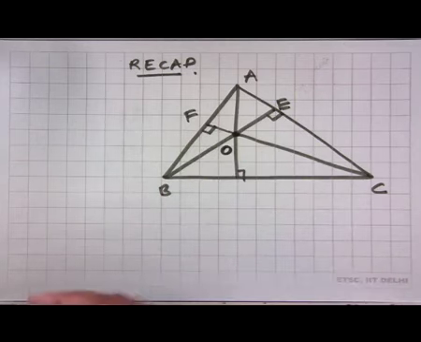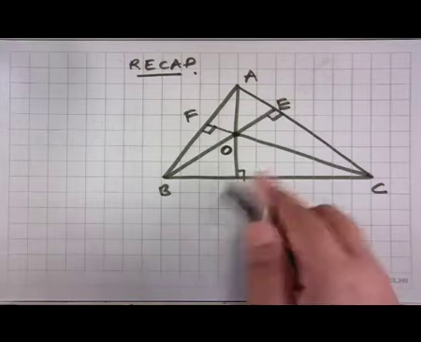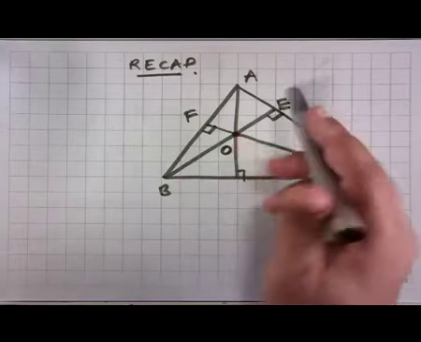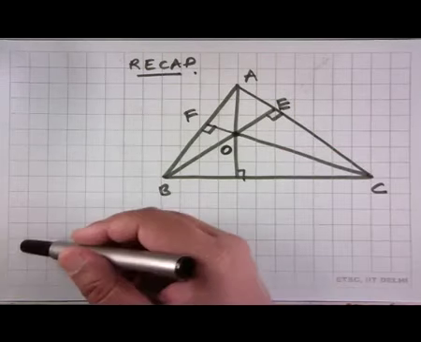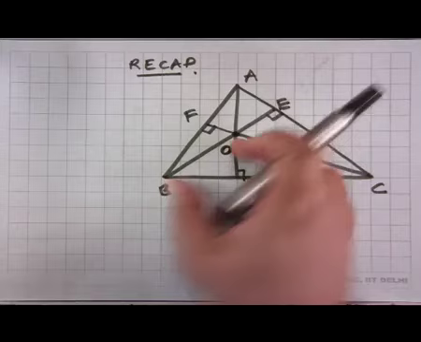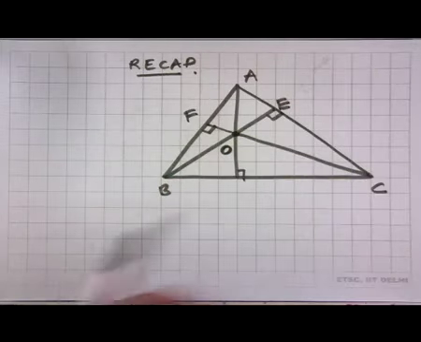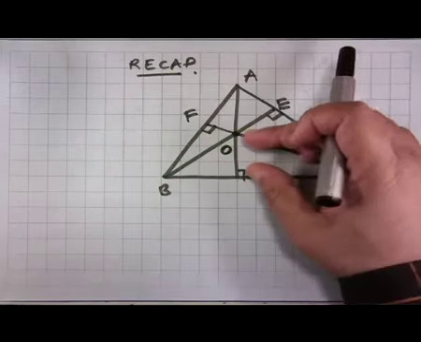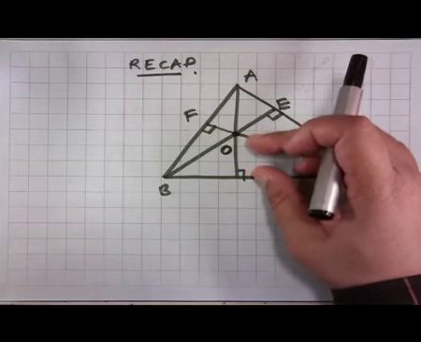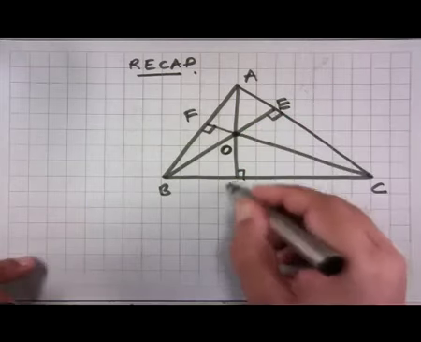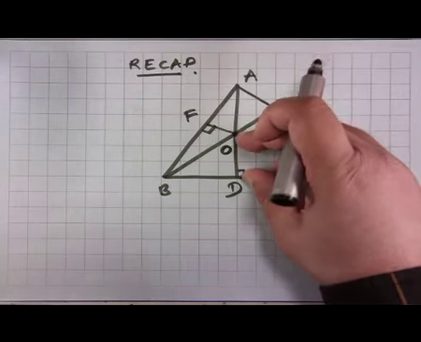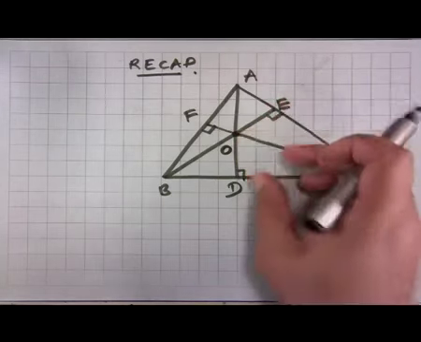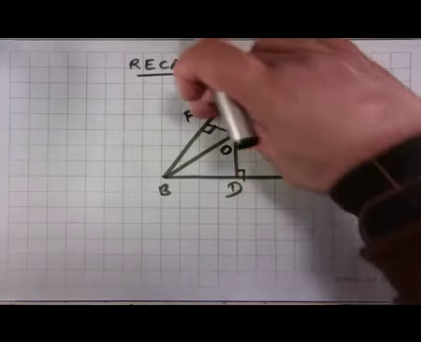Of course, we then derived formulas for the distance between the orthocenter and the vertices of the triangle, which is basically these three lengths. We also derived expressions for the length of these line segments OD, OE and OF.